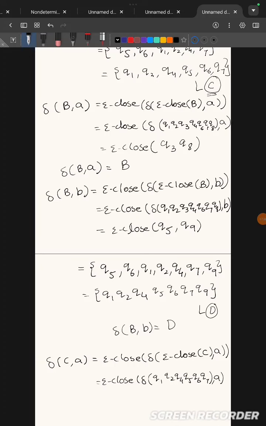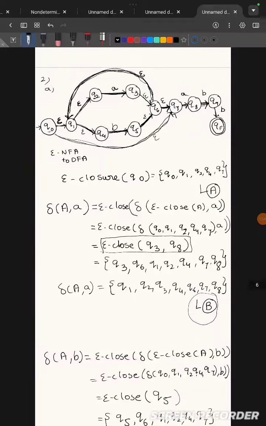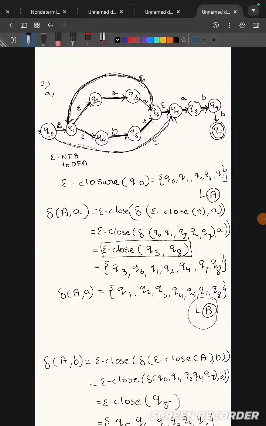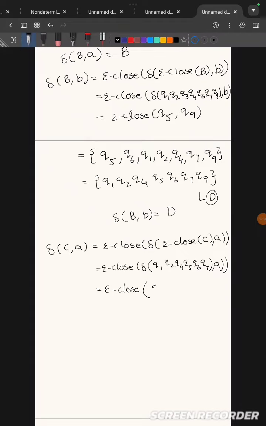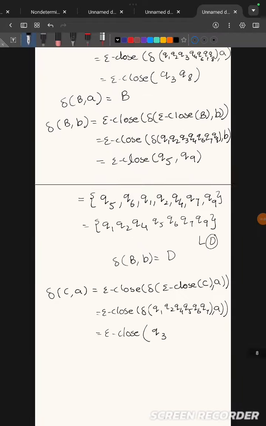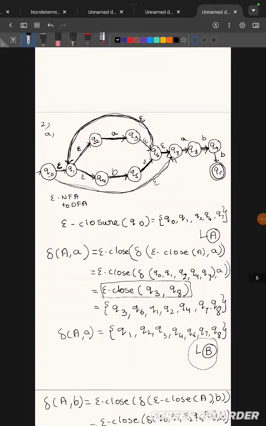For these states, we have to find the transition on small a. Q1 doesn't have one; only Q2 has a transition on a, going to Q3. Q4, Q5, Q6 don't have one. Q7 has a transition on reading a to Q8.